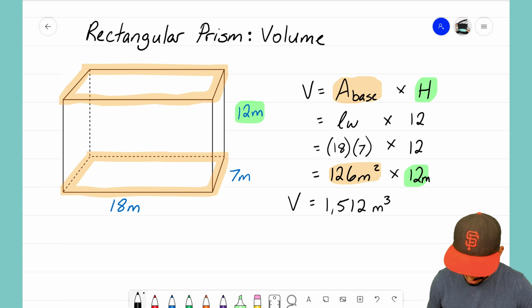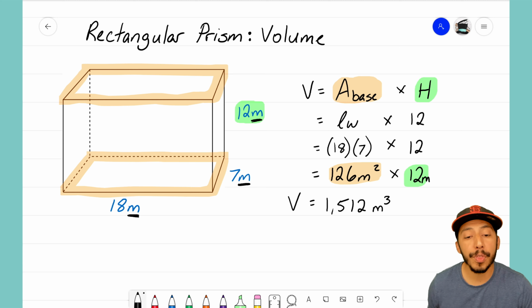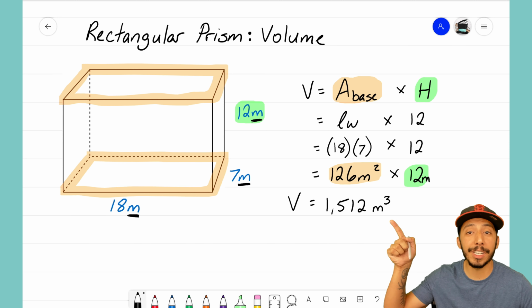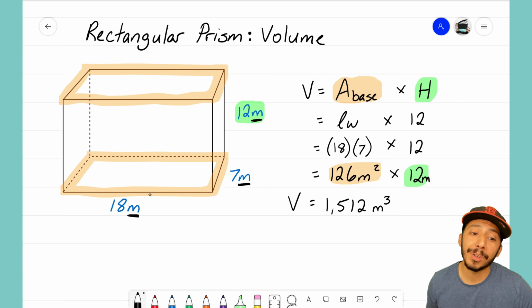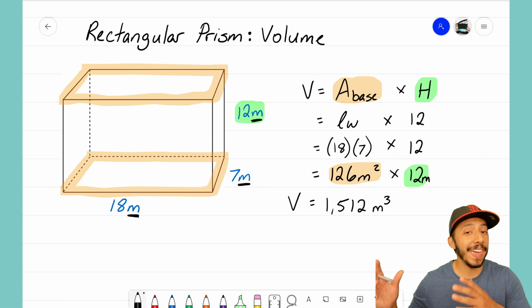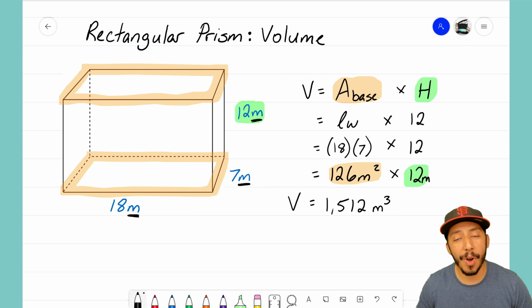Notice that I'm taking meters and multiplying them 3 times. So meters times meters times meters gives us meters cubed. That is why we have to have cubic meters there. When we found the area, we only did 18 times 7. That's why for area we use meters squared.